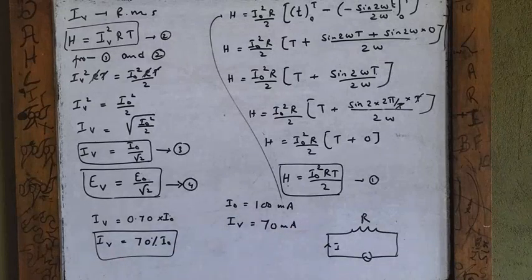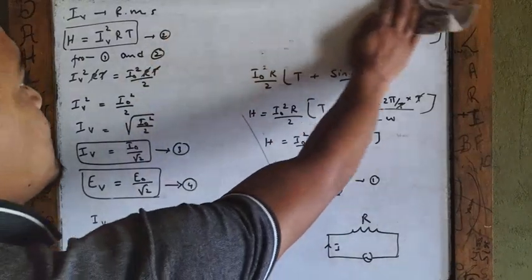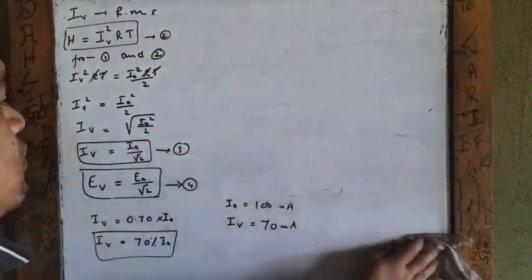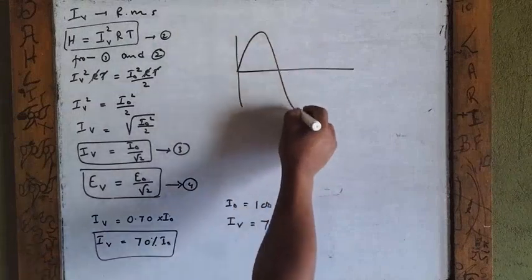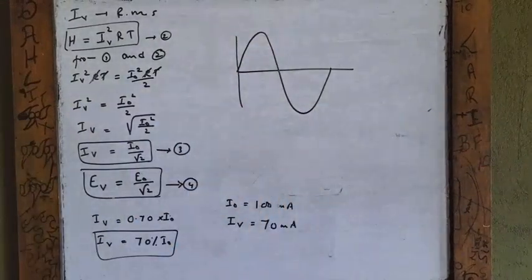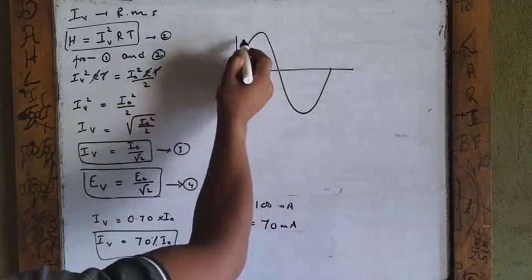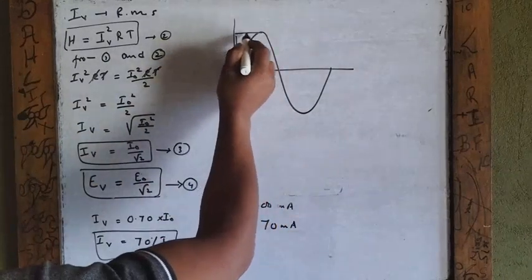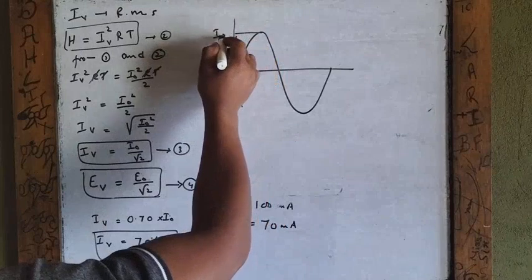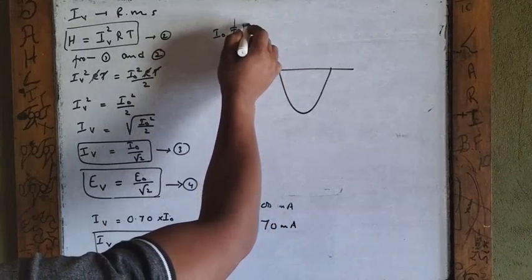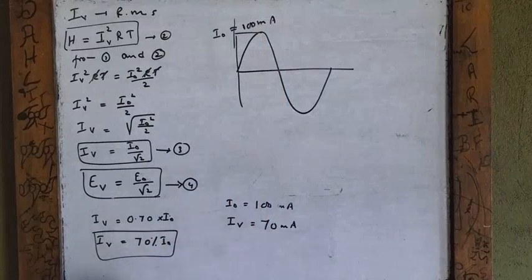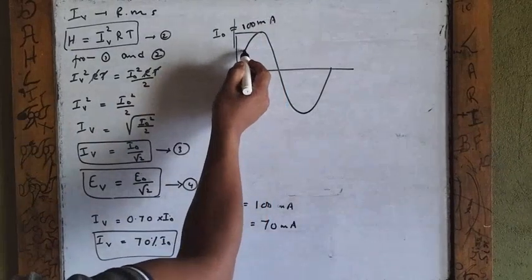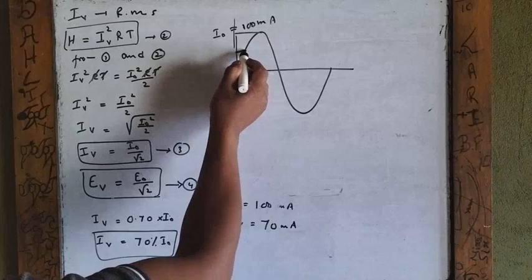Okay, so in the graph, we have the graph of the alternating current. In this graph, this is the peak value, I naught equal to 100 milliampere. The root mean square value is just 70, which means it is smaller than this. So let's say it is somewhere here.